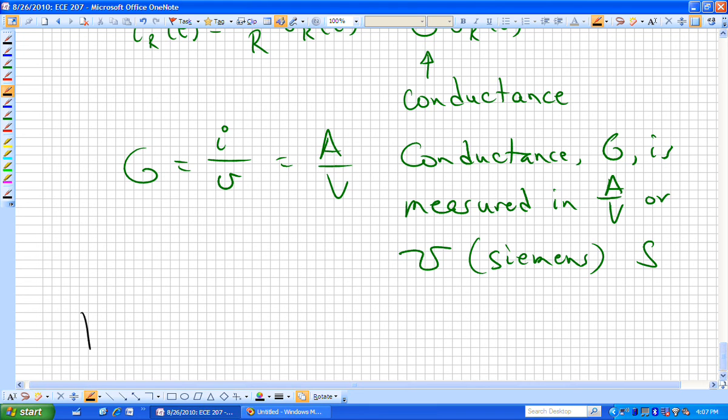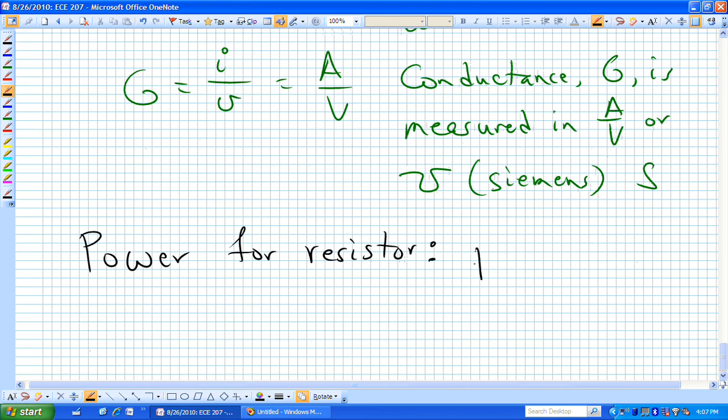Hopefully now, after the couple of lectures that we have, you know the relationship for power in a resistor. And if you don't, we can actually derive it. We know that power for any element is V times I. In our case, we have V sub R of t and I sub R of t.